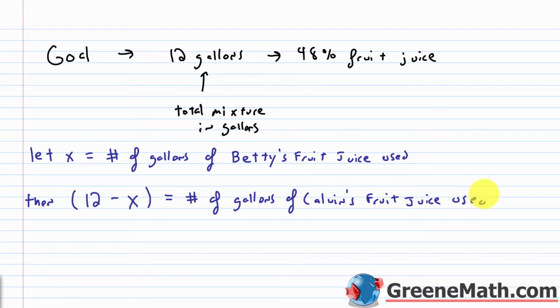And of course, you could have reversed that and said X is the number of gallons of Calvin's fruit juice used, and then 12 minus X would have been the number of gallons of Betty's fruit juice used. Doesn't matter. You'll get the same answer either way.